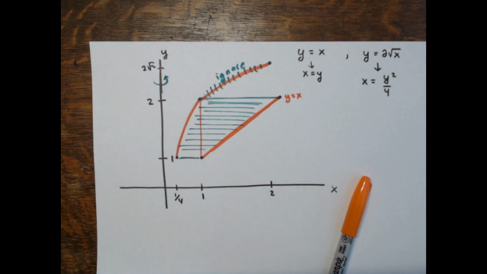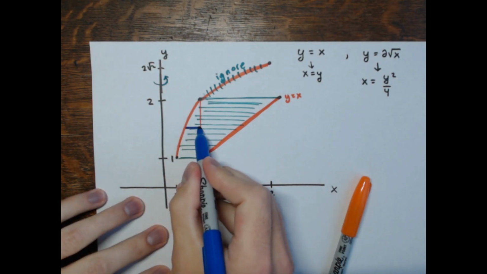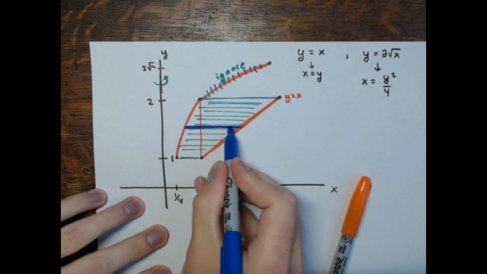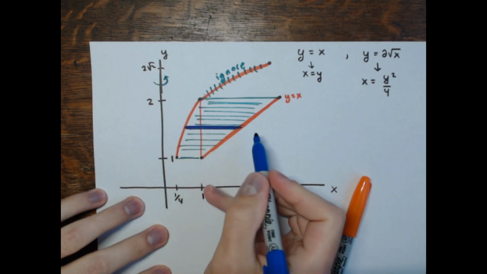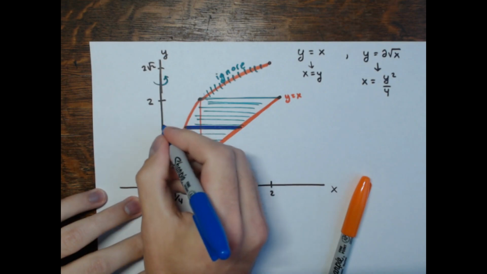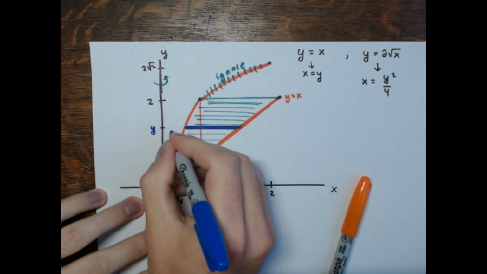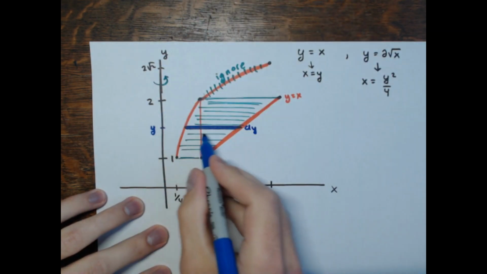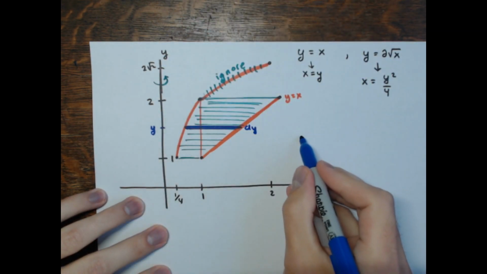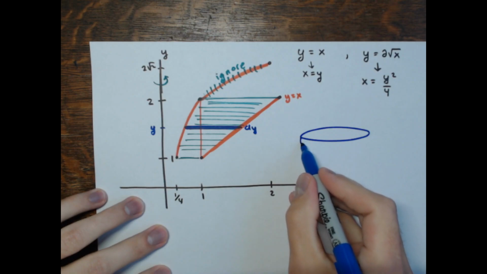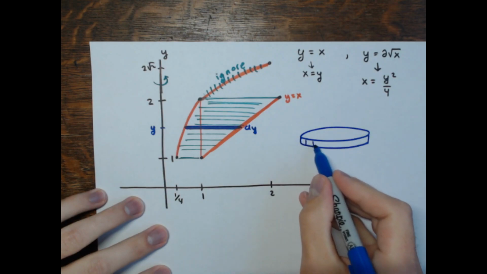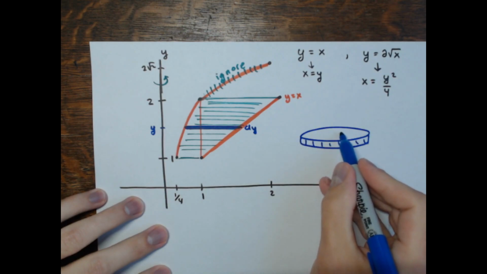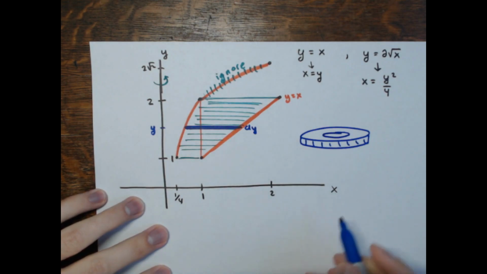If I want to create a washer or a disc, I take a slice, a thin little rectangle that's perpendicular to the line of revolution, which corresponds to some y value, and the thickness will be dy. When I rotate this rectangle around the y-axis, I create this washer, again a thin disc with a little disc cut out of it.